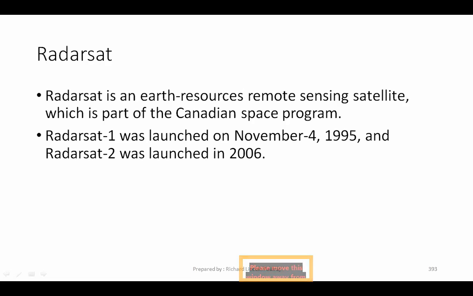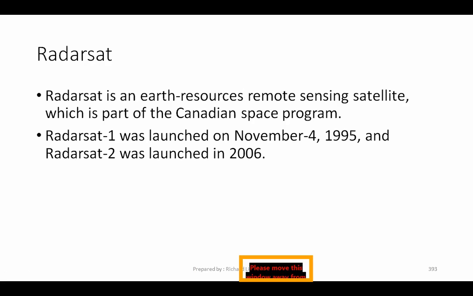The next concept that we will be looking into is Radarsat. Radarsat is an Earth resource remote sensing satellite, which is part of the Canadian space program. Each country will have its own program, and this one concentrates on remote sensing.